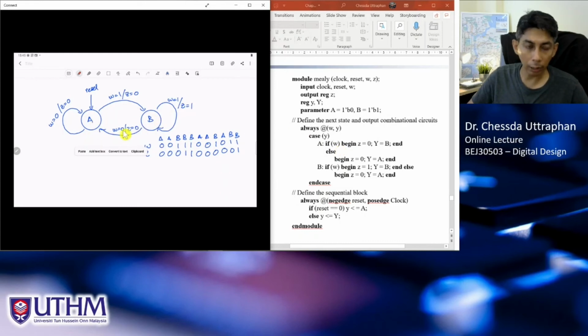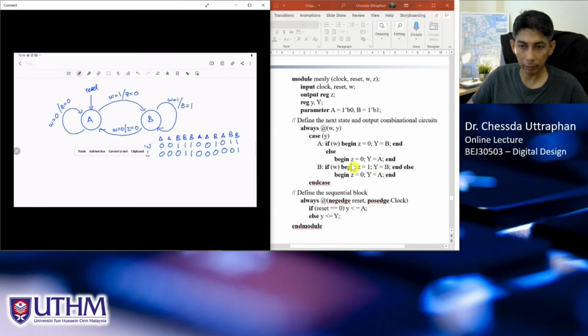But if W equal to 0, so we should remain at A. So this is if W equal to 0, or in this case, we use else. So Z should be equal to 0, and the next state should be equal to A, right? This is exactly the same as this. And done for A. And for B, if we are in B, if W equal to 1, so Z should be equal to 1, and the next state should be equal to B, right?